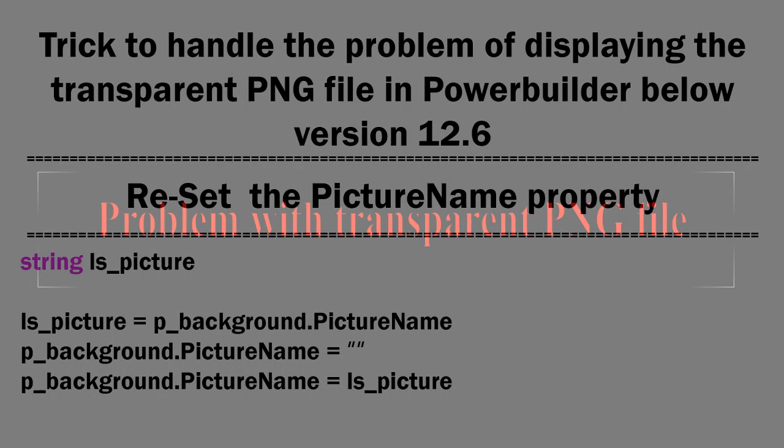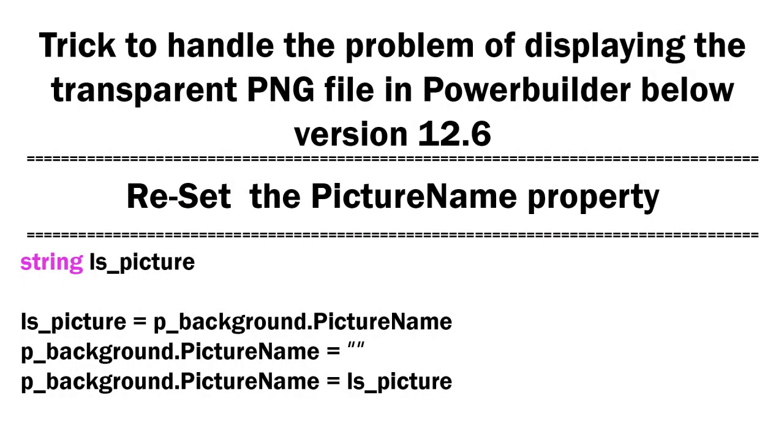The trick is to reset the picture name property of the picture control. Here is how to reset the picture name property. For this tutorial, add this script to the of_center_picture function in the window background.